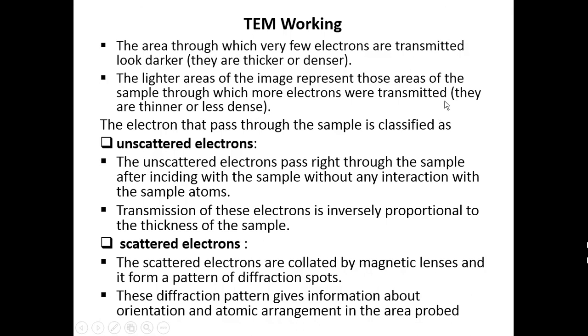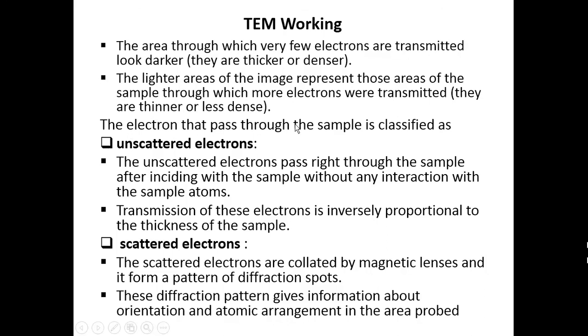In lighter or thinner areas, more electrons can be transmitted, so they look lighter, without dark spots. Dark areas are usually considered to be denser areas.